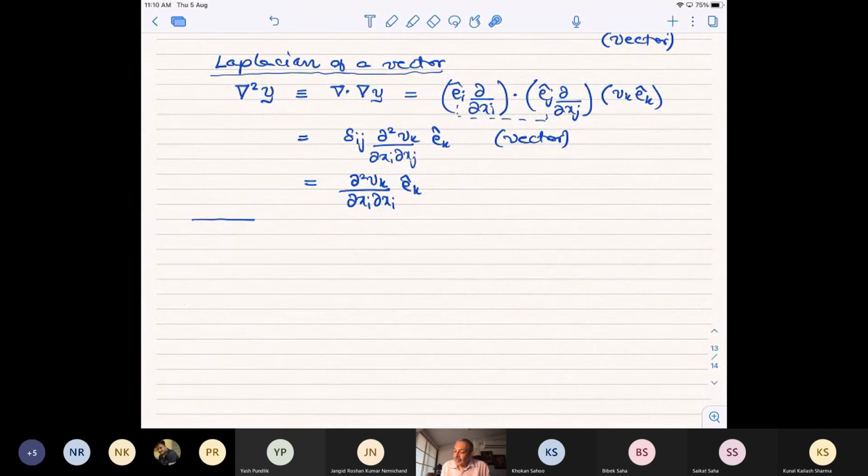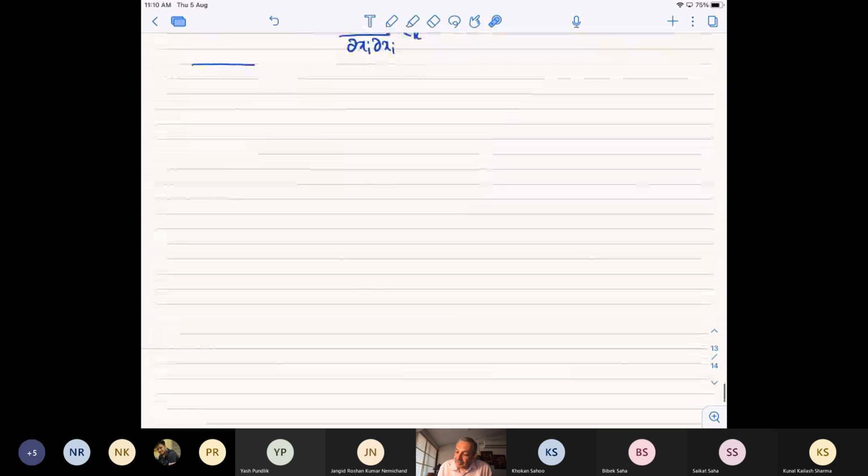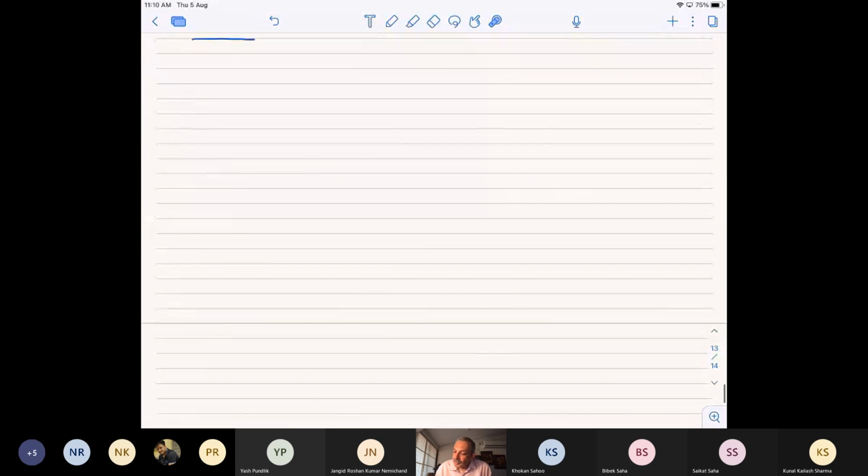And why is that? I'm going to do one example to illustrate this, and the example is to find the divergence of V in cylindrical coordinates. You'll see that this is not the same as the formula you would get from the one above.